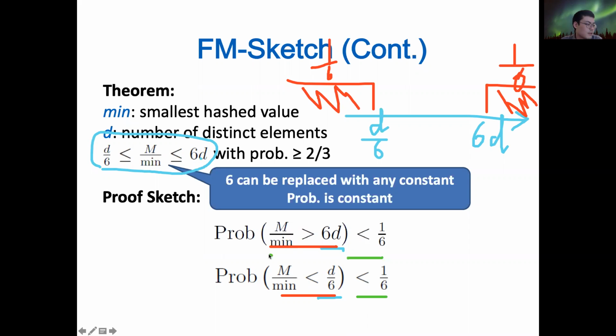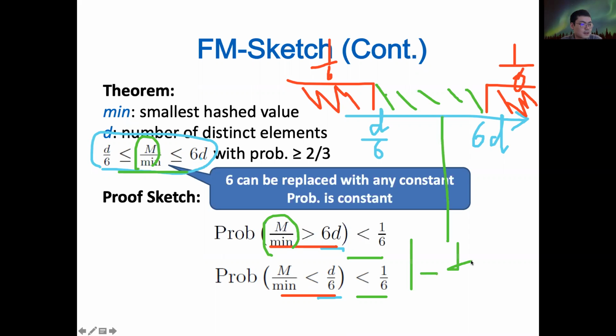That means this value will fall within this range. So the probability is going to be at least 1 minus 1 by 6 minus 1 by 6, which is 2 by 3, because this is 1 by 3 basically, and this is smaller and this is larger.